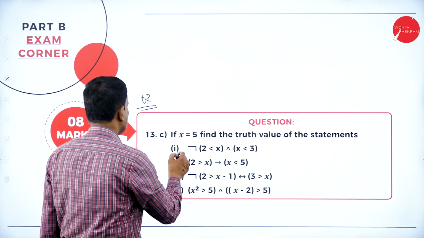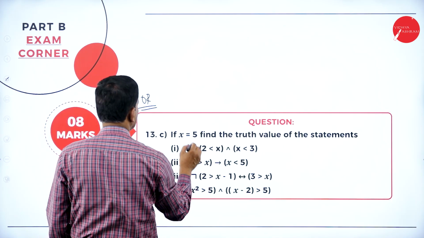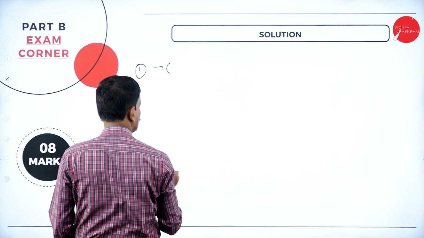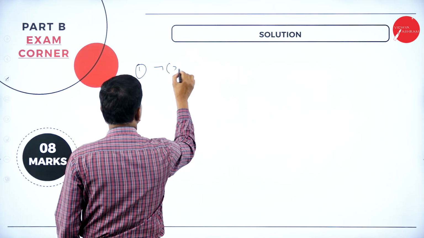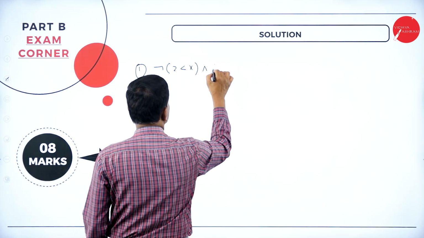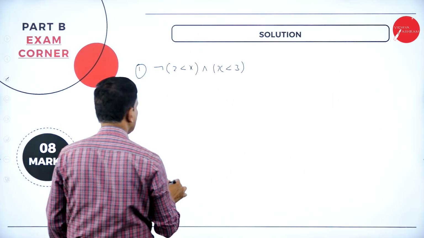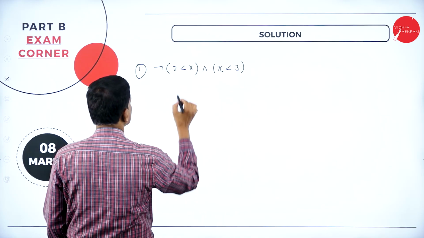Now, let us take them one by one. First one, negation of 2 less than x, and conjunction x is less than 3. What is the condition? x is equal to 5.